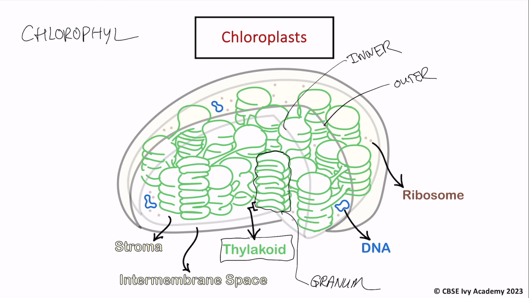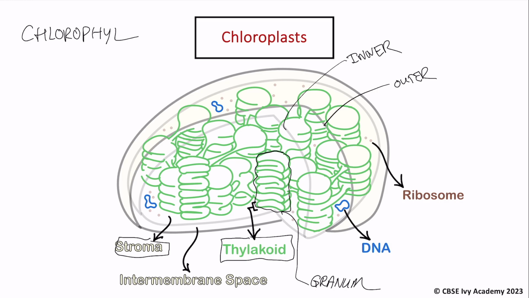All right, so there are three spaces you should be able to identify in a chloroplast: the intermembrane space, which is between the inner and outer membranes; the stroma, which is right here, which has the ribosomes and the DNA molecules of the chloroplasts.